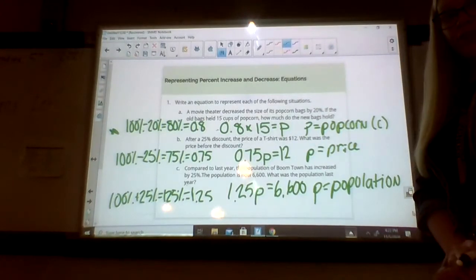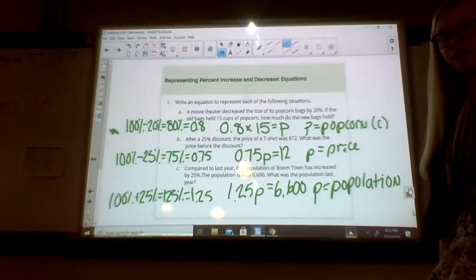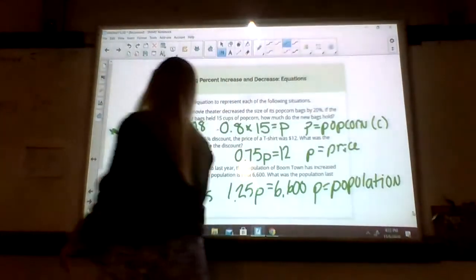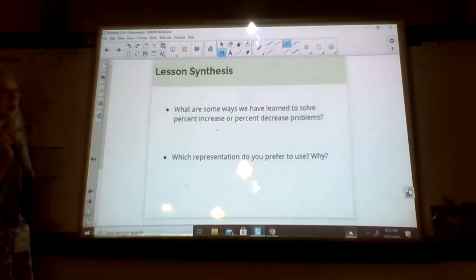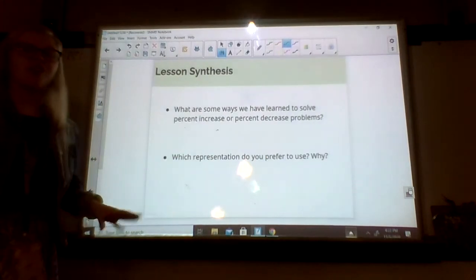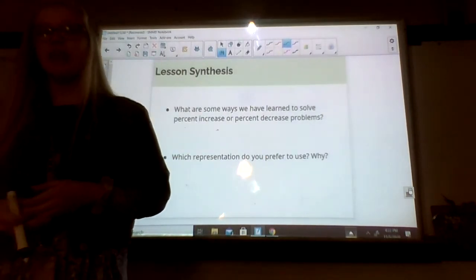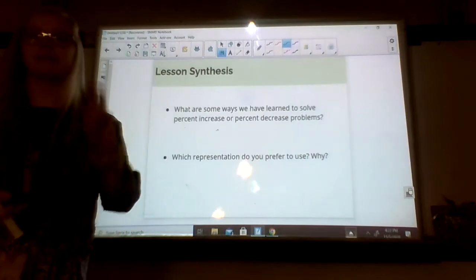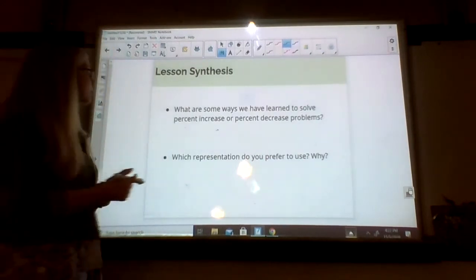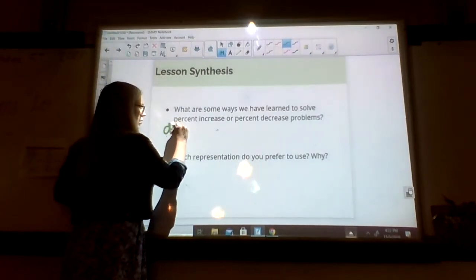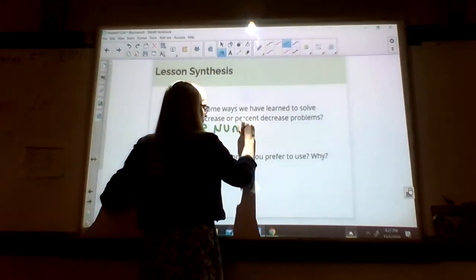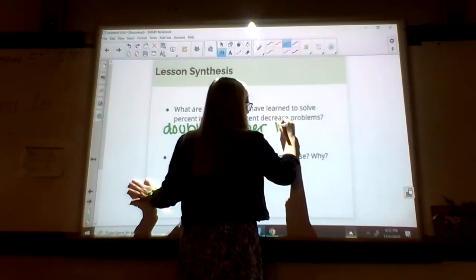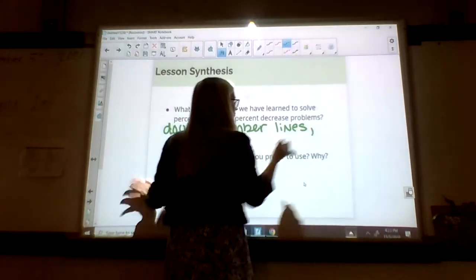Make sure you have this. Okay. Lesson synthesis. Throughout these past few days, we have solved problems like this 3 ways. We have used double number lines, okay?